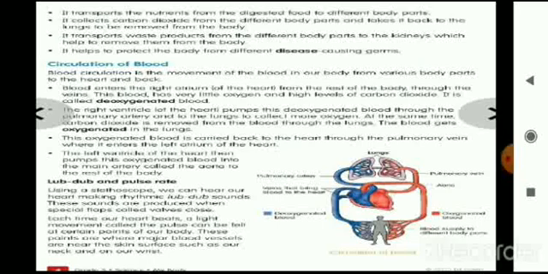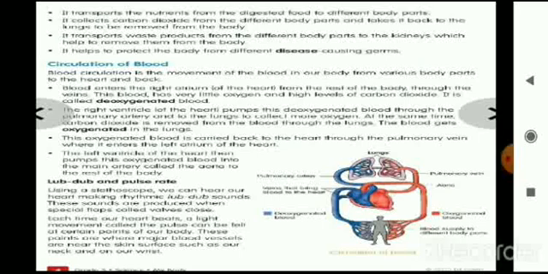Okay, and this type of blood is known as deoxygenated blood. I explained earlier also that veins contain deoxygenated blood. So deoxygenated blood enters the heart by the right atrium.